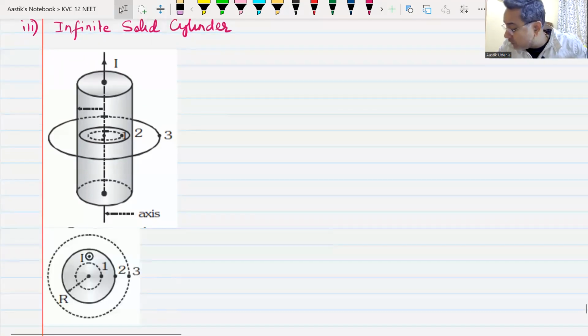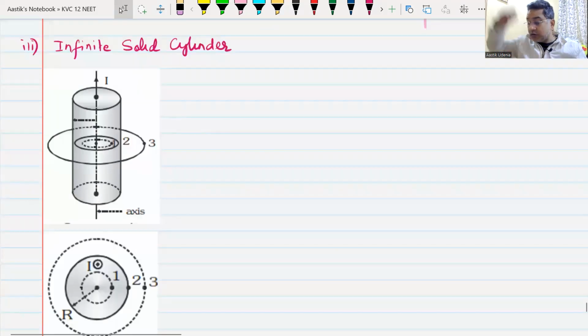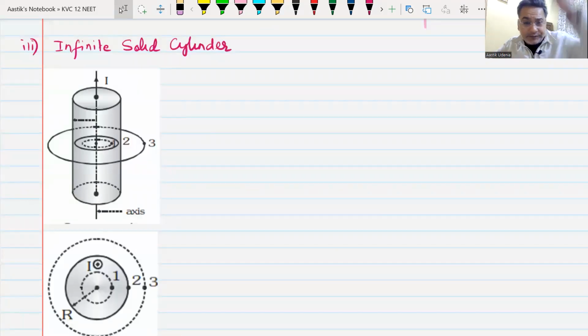I could not make it big, so let me make this one small. Okay, now it looks better. So you can see it's a solid cylinder now.